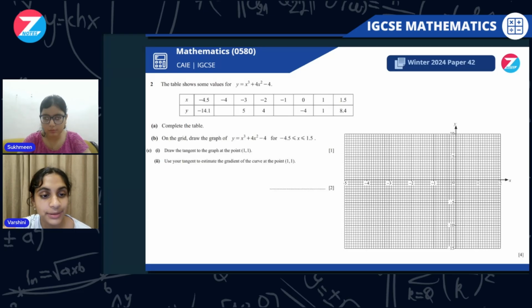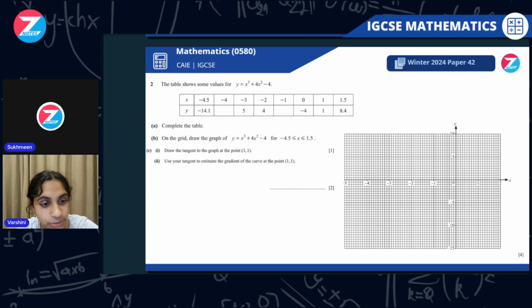Okay, the table shows some values for y equals x cubed plus 4x squared minus 4. Complete the table. So this part is easy. All we need to do is substitute in the x values in this equation to get the output, which is the y values. So we're just going to put it in our calculator as minus 4 whole cubed.